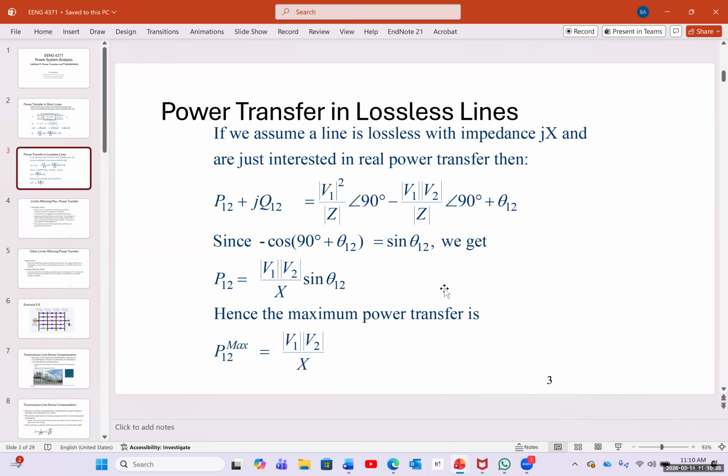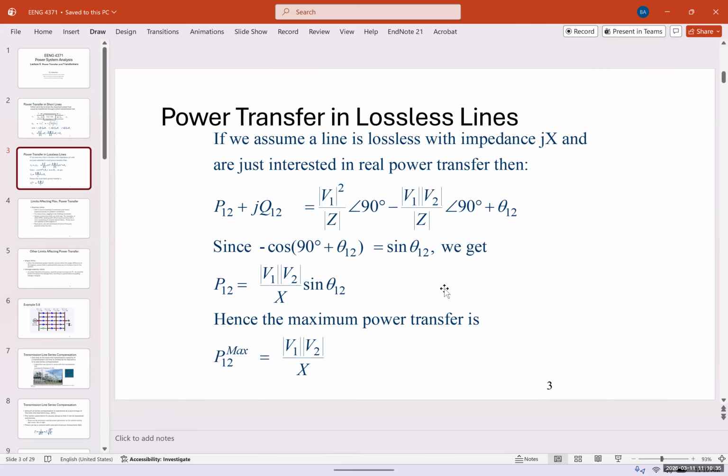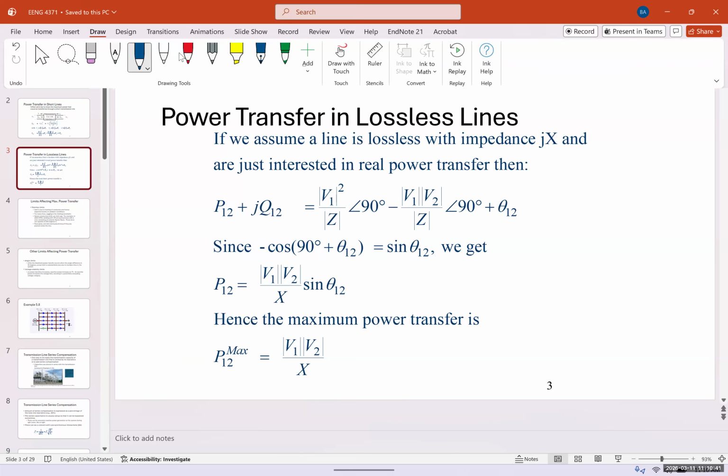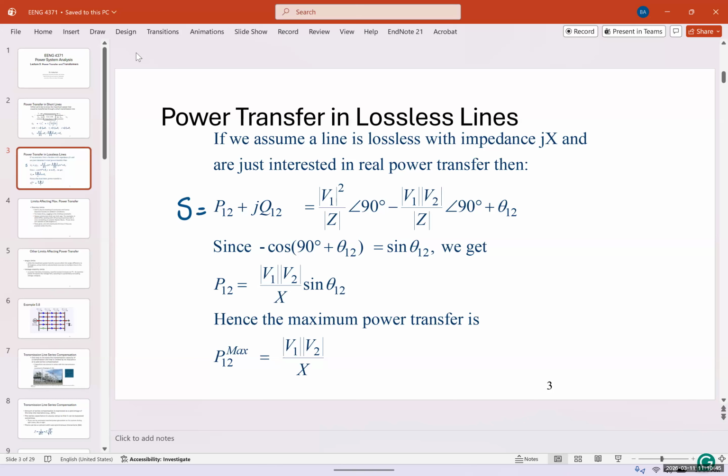We know that apparent power S is P plus jQ, or real power plus reactive power. Let me bring up my pen. So S12 is going to be P12 plus jQ12.